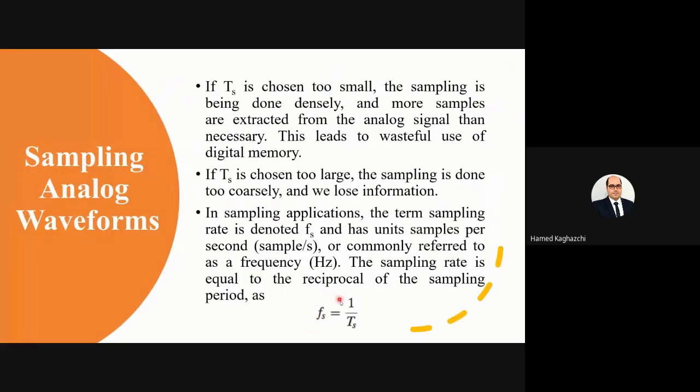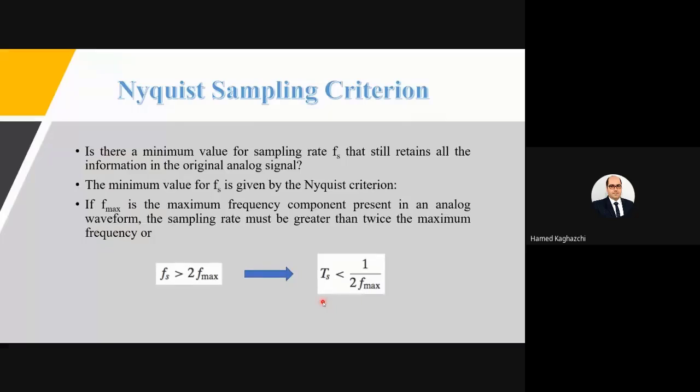With defining the sampling rate, we said that we need to have a criterion. What is this criterion? This criterion is the Nyquist sampling criterion. Nyquist solved this problem. What is the question? Is there a minimum value for the sampling rate?